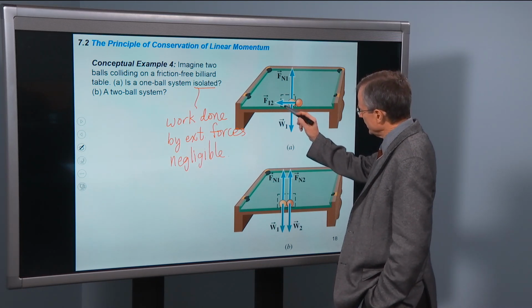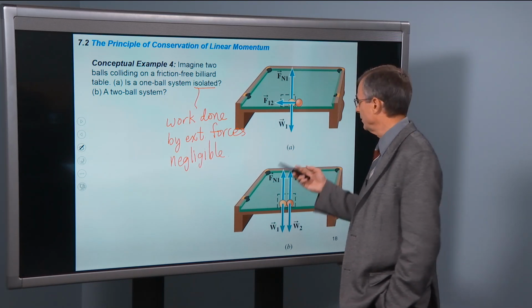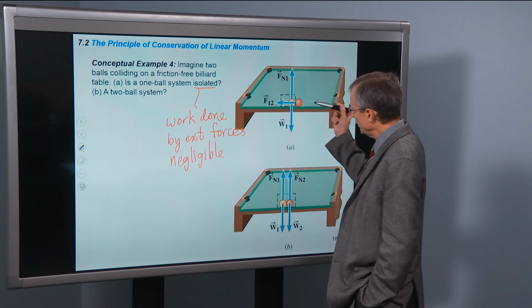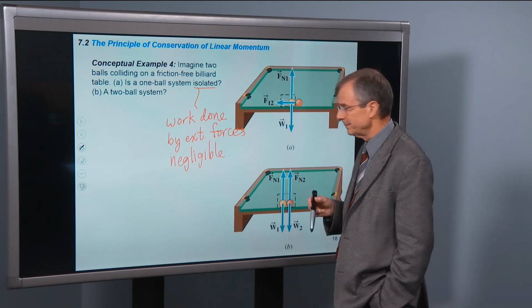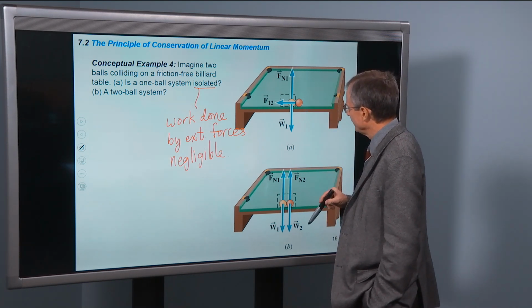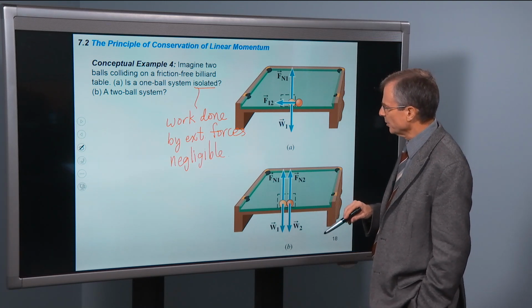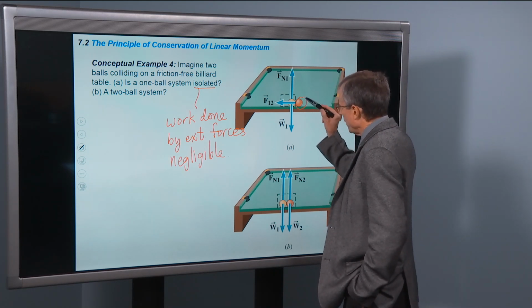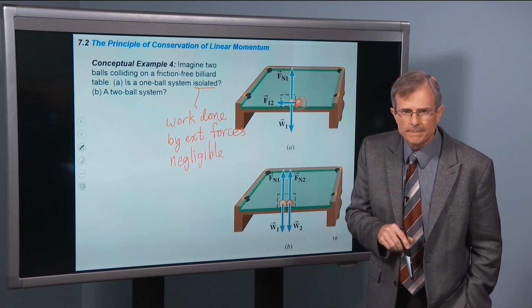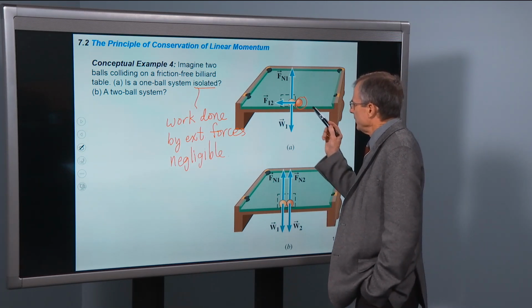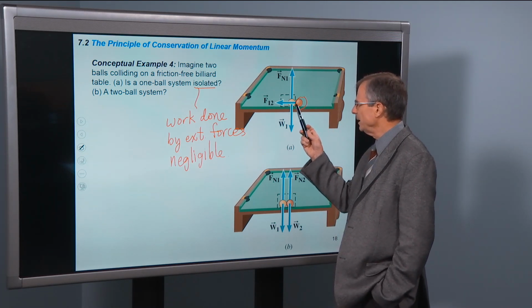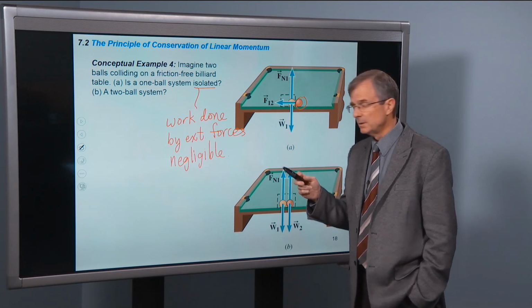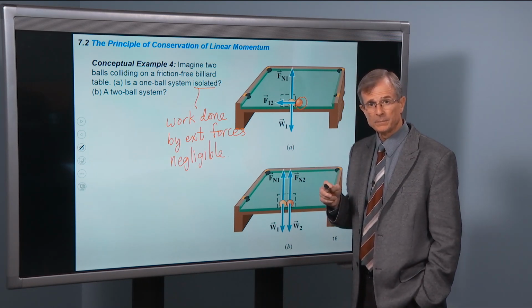This is a dotted line. This black rectangle is a dotted line around only the left billiard ball. We've got a right billiard ball making contact with it, colliding with it. Is this system isolated? Well, is the work done by external forces negligible? If this orange ball is not included in your system, then it will exert a force that will now be external on the yellow ball.